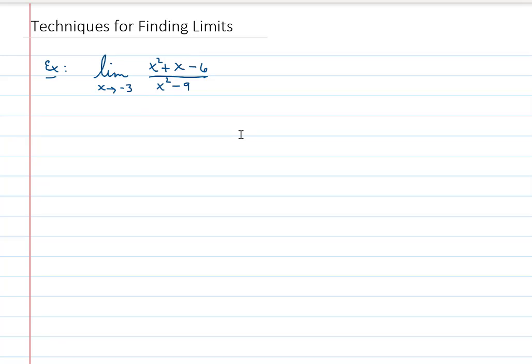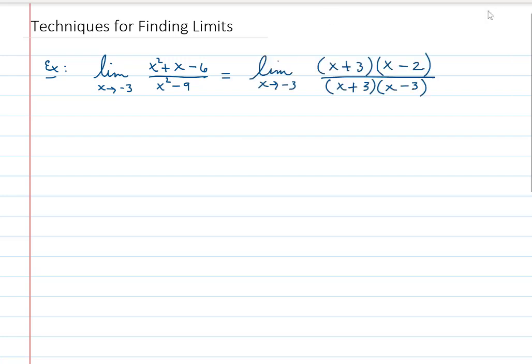You start by factoring. So I'm going to start here, factoring the rational function. Now we have the limit of the same rational function, but factored top and bottom. Notice how we have a common factor here, so we can simplify this. The x plus 3 goes away, and we end up with the limit of x minus 2 over x minus 3 as x goes to -3.